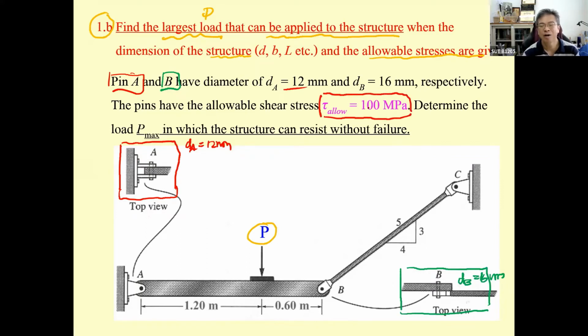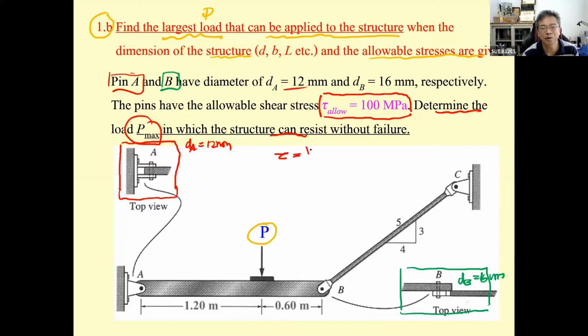Okay, so in this problem, they ask us to determine the P max which this structure can resist by comparing only the connection. Okay, so we have what?